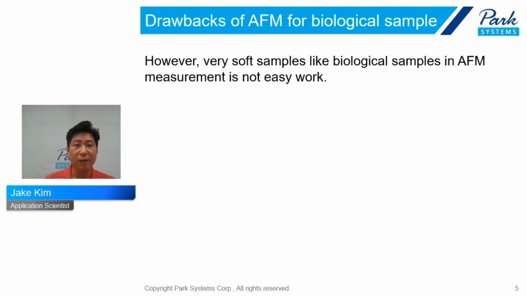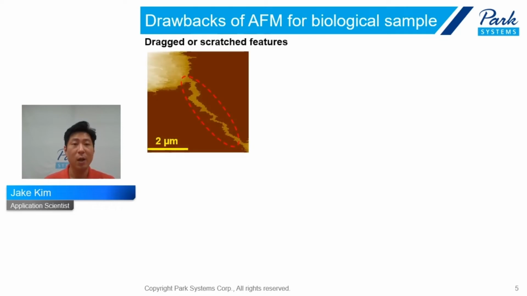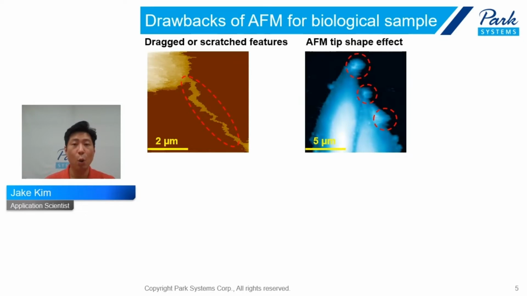However, those technological advances by nanotechnology have been limited to ambient condition. For very soft samples, like biological samples in liquid environment, there have not been many successful advances with high impact. Because of unexpected physical contact of the AFM tip on the sample surface, small and fragile structures can be dragged or scratched.